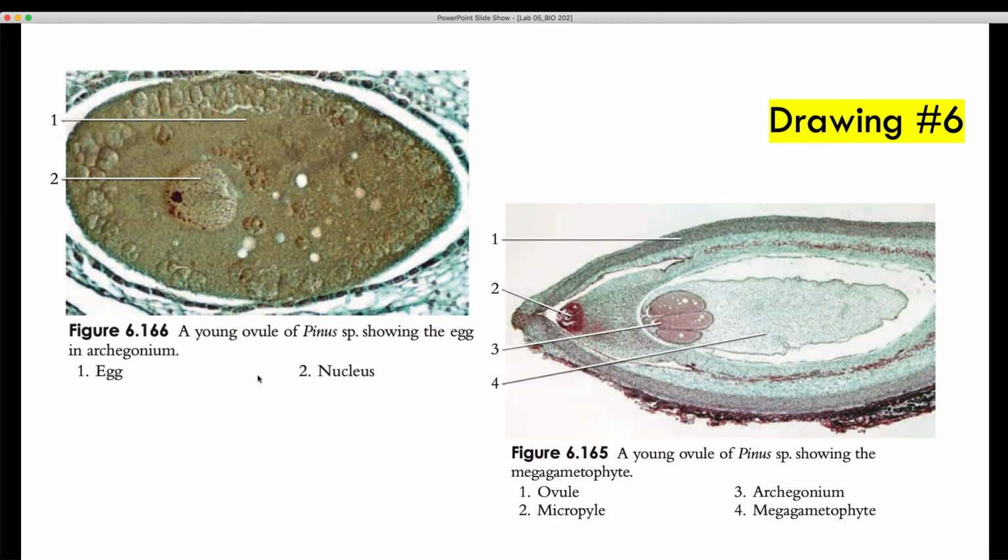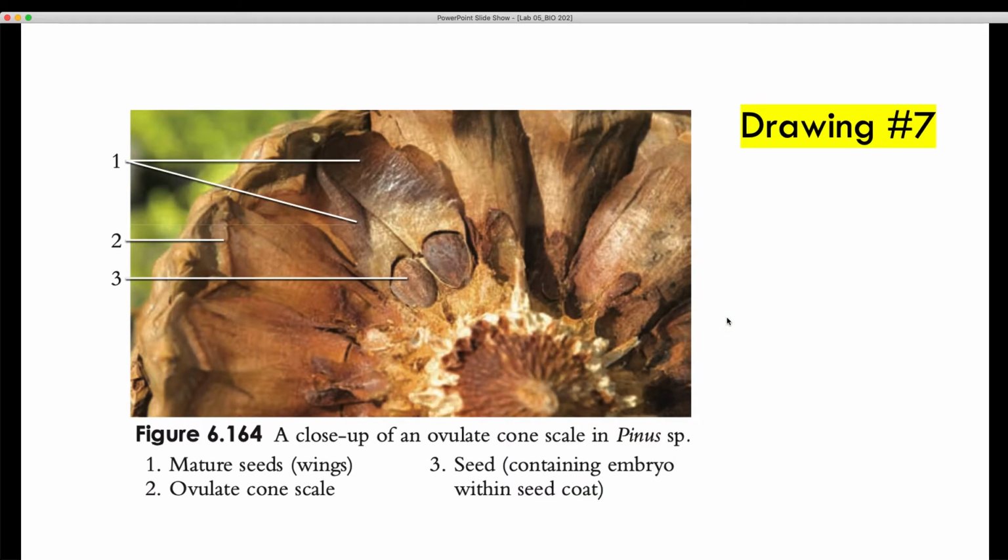So your required drawings here, remember this is the egg inside of the archegonium, right? And then this is the young ovule showing the megagametophyte. This is underneath a female cone with the seeds. You can see those seeds here. These are the little things that kind of helicopter down if you've ever seen those outside.